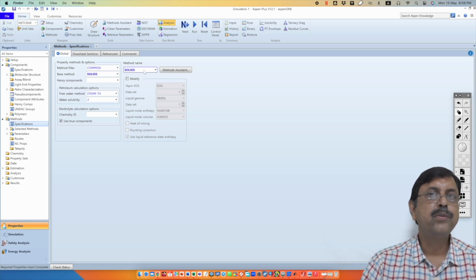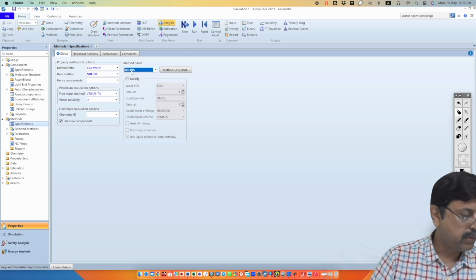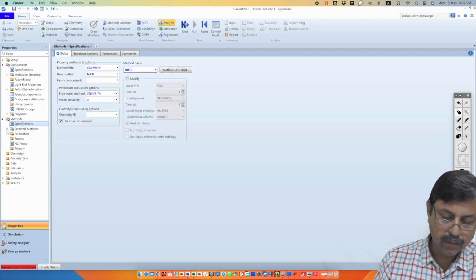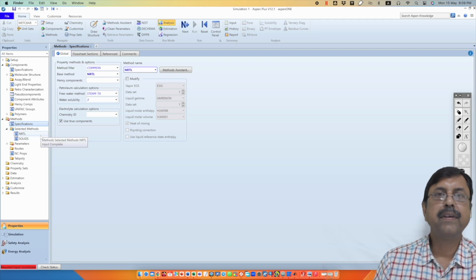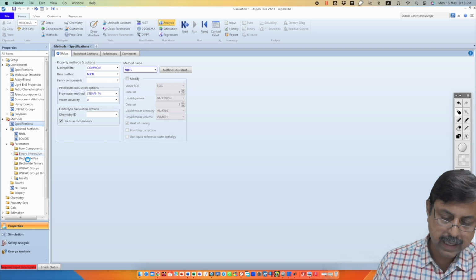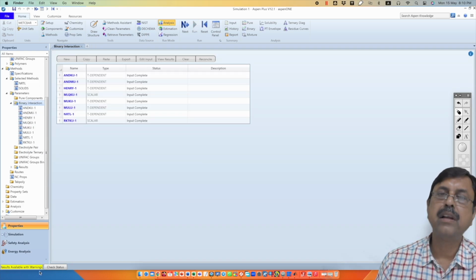So let us use NRTL. Okay, so we will use NRTL also. So we have selected two different property methods to work with. So in the binary parameter, it will ask for the binary parameter. Now run. Now we have results available with warning.